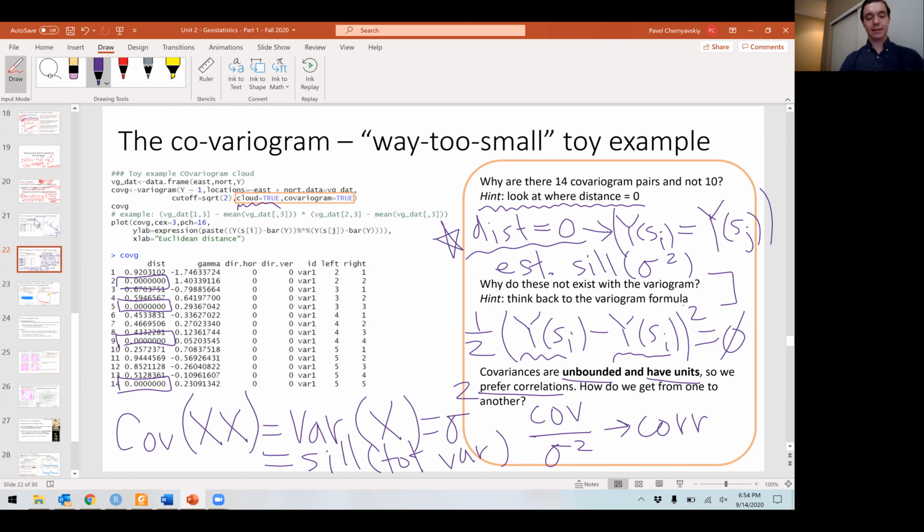So to go from a co-variogram to a correlogram, all kinds of fun words, we simply divide by the variance, or the sill, right? Because in spatial statistics, the total variance is the sill. So you take all of these values, and you divide them by the sill, by sigma squared, and you're going to get a correlation, a cross correlation between observations.